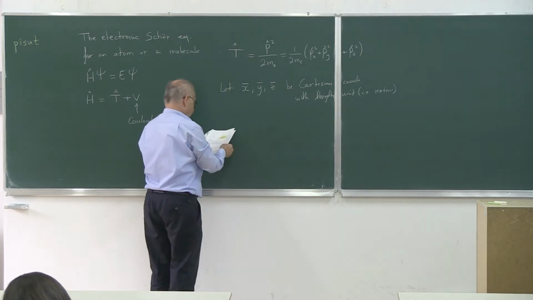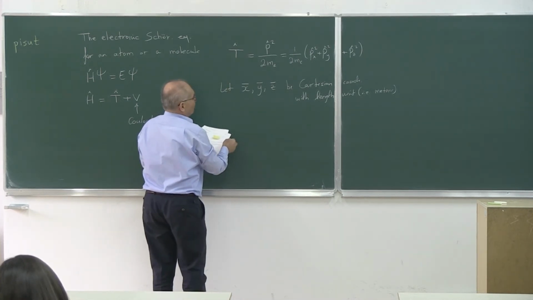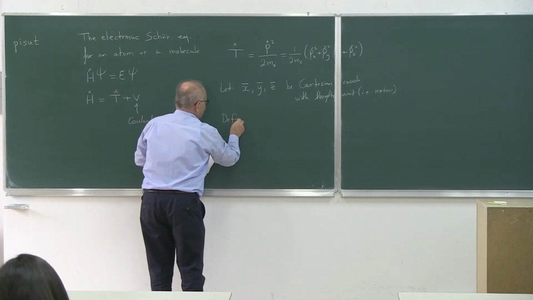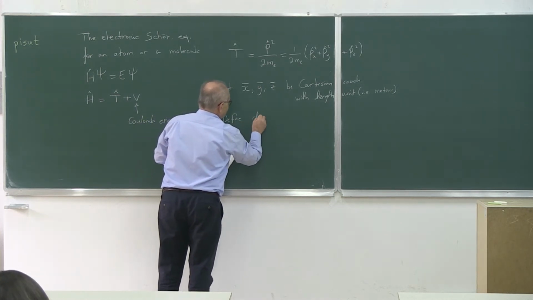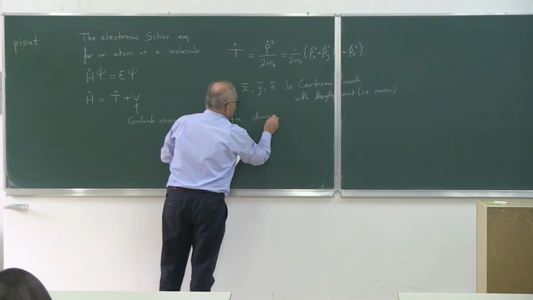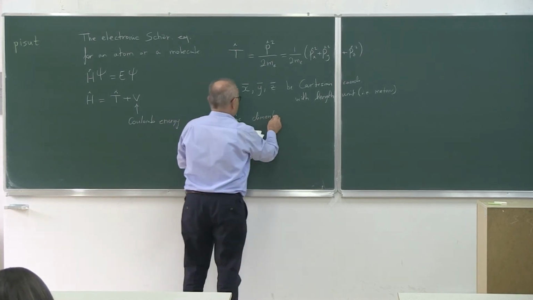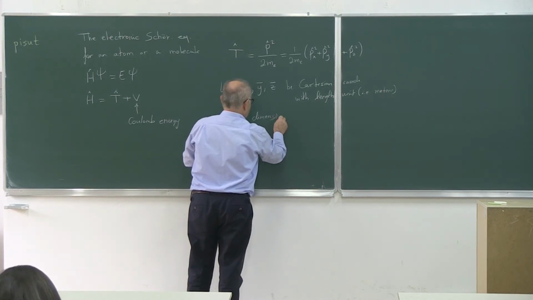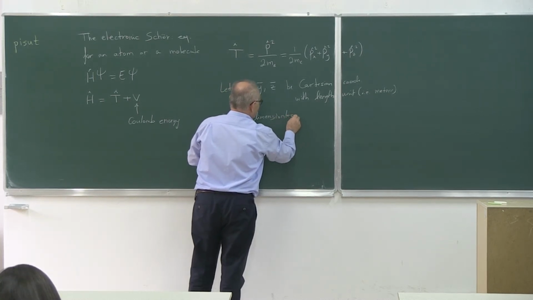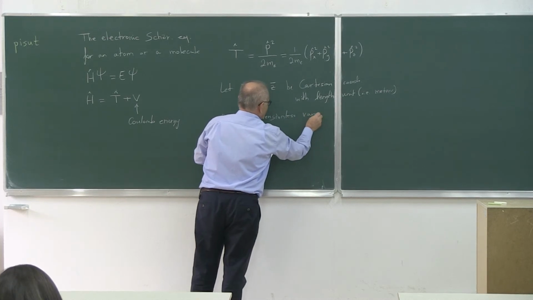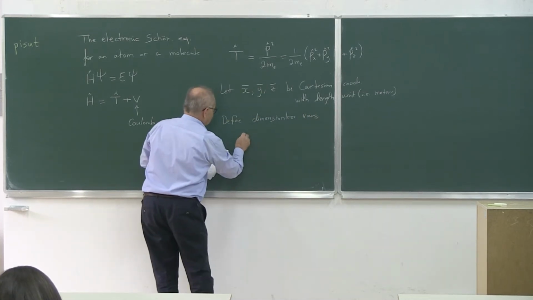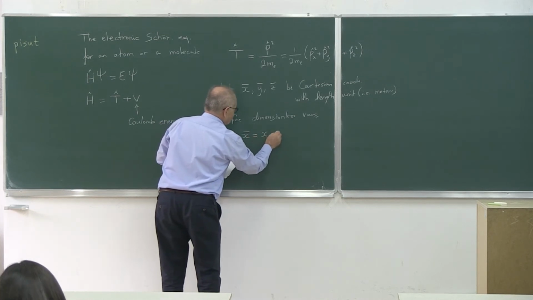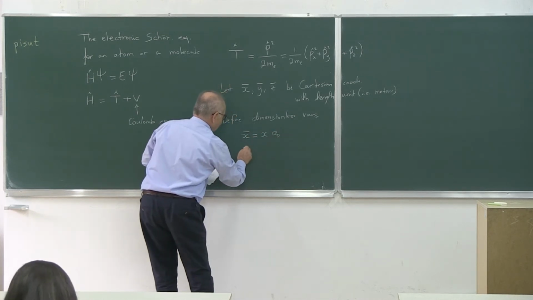And define dimensionless variables by setting x bar equals x times Bohr radius.